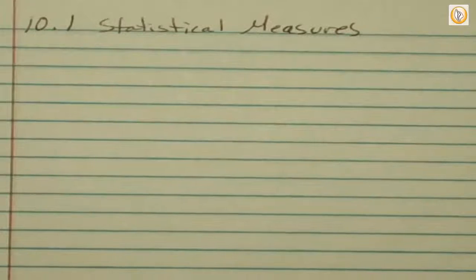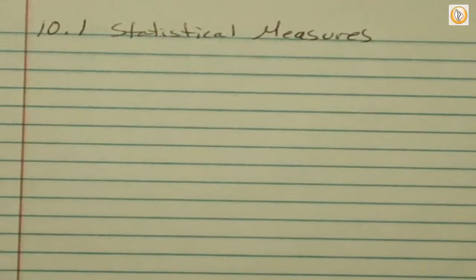Statistical measures. Okay, I'm going to give you, I don't even know if I'm going to give you all these definitions. I don't think so. Maybe I will. I'm going to give you two of them, and then that's it. There's a whole bunch, but I'm not going into it.